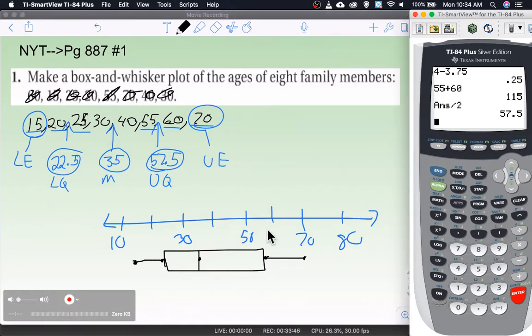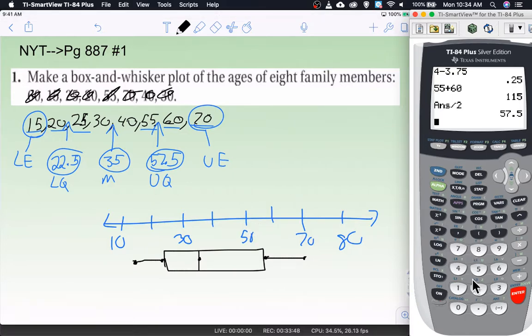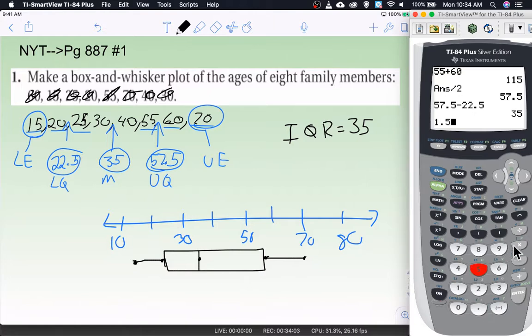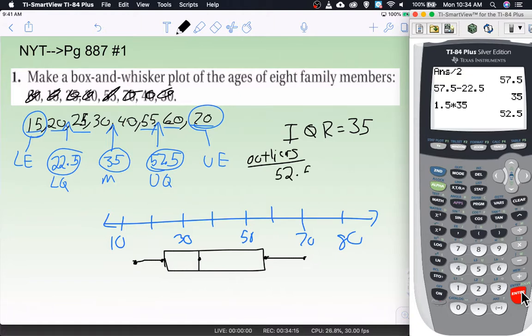If you are curious about the interquartile range, 57.5 minus 22.5 gives us an IQR, interquartile range, of 35. 1.5 times 35 would give us outliers that would be 52.5 away from the median of 35.